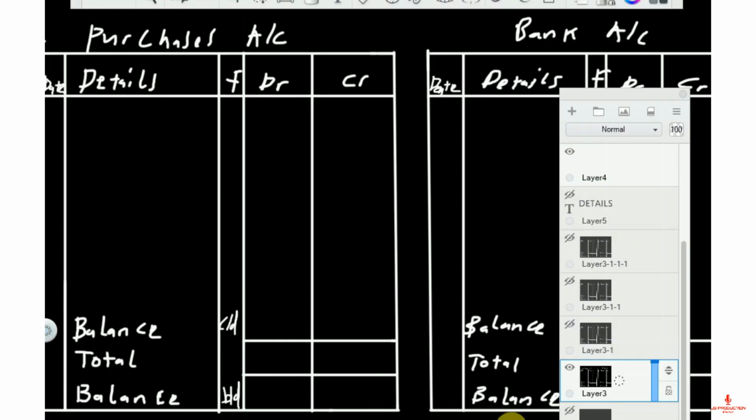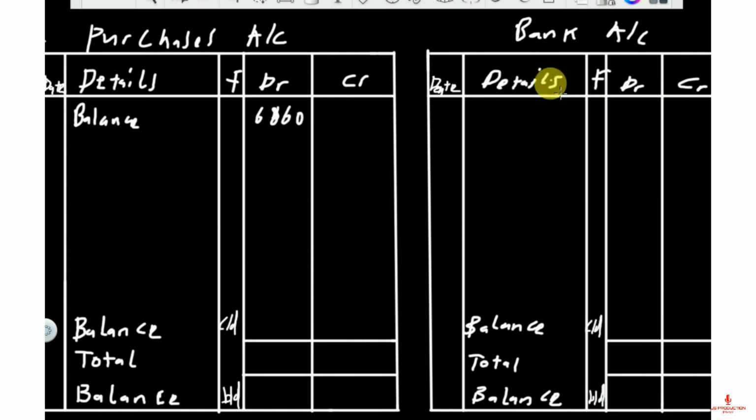So we're going to say the balance of our purchases there, we have 6860. Then the balance for bank we have 1620.